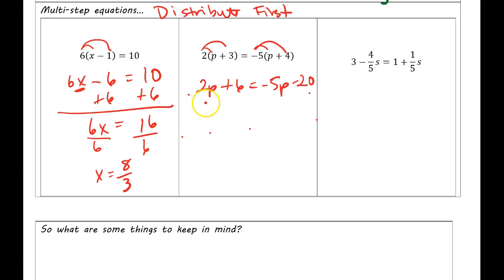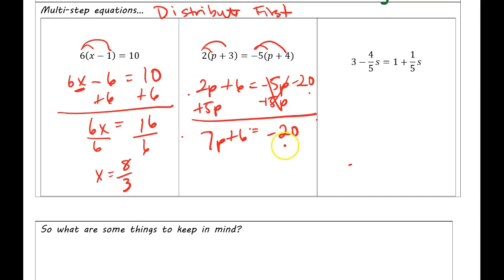I like to keep them on the left if they're already on the left, which means this one I do not want over here. I want this one to be over here. So my first step would be to add 5p to both sides, because what that'll do is it'll cancel it right here, because that makes a 0 when you put them together. And over here I'm going to have 7p plus 6, and then I'll carry down the negative 20.